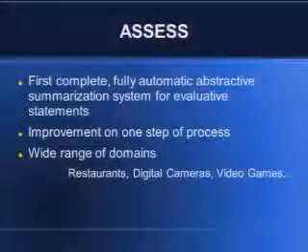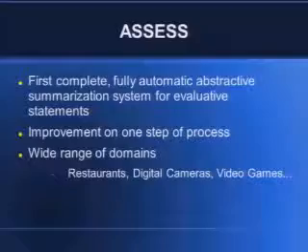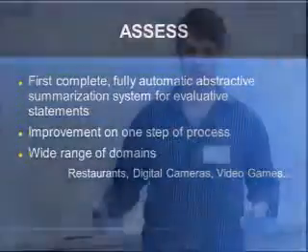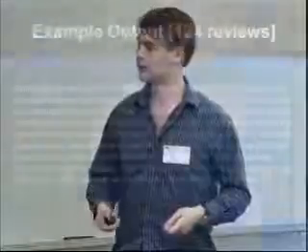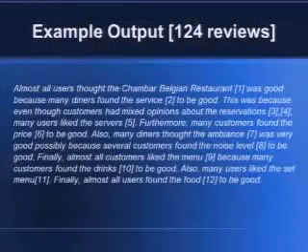And so far we've done preliminary testing on a wide range of different domains, such as restaurants and digital cameras, video games, etc. So just before I get into how this works, here's an example summary. This is for a restaurant in Vancouver. And as you can see, it's summarizing based on various aspects of the dining experience, like service or the food, the price, the food, etc.